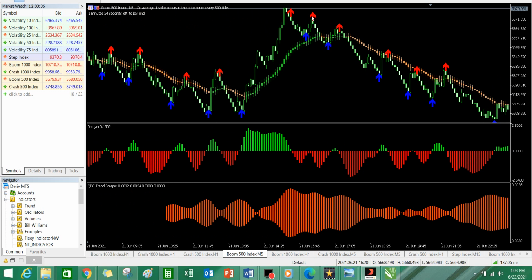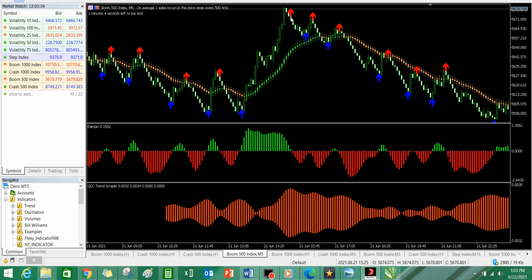Then on the 5-minute time frame, for instance, for Boom 500, this is a downtrend already, so I got my sell signal here. So once you get your sell signal, you can come in, and once it turns blue, you come in with 0.3 lot size, because that is the highest you can do for $20.